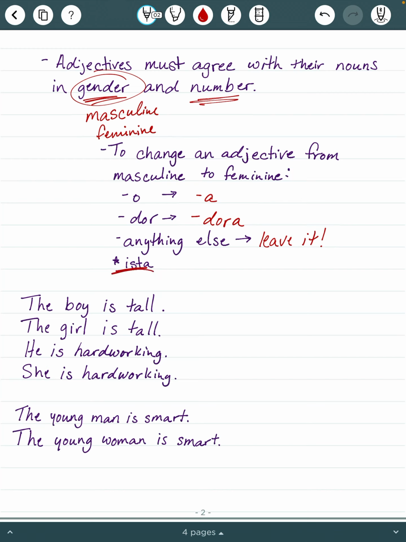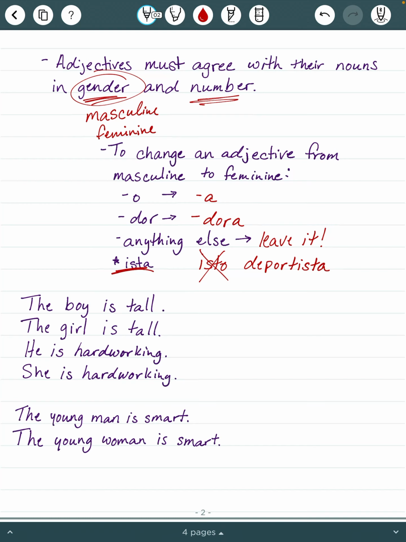If it ends in ista, that looks feminine, but ista can either be masculine or feminine. So don't be tempted to change an ending to isto. That is not a thing. So something like if I want to say someone is athletic or sports-minded, the word is deportista, and that would be talking about a masculine noun or a feminine noun. We don't need to change that.